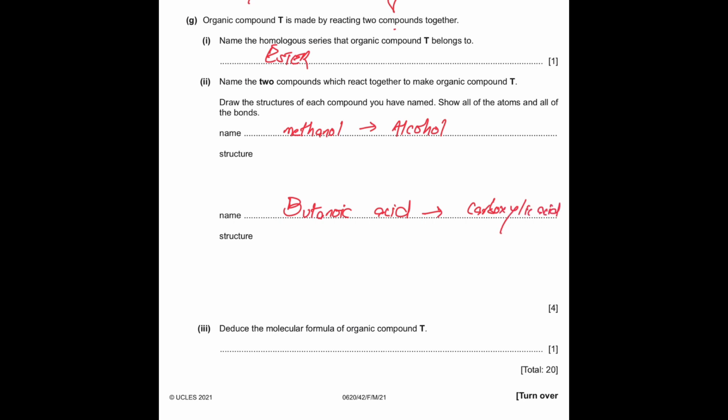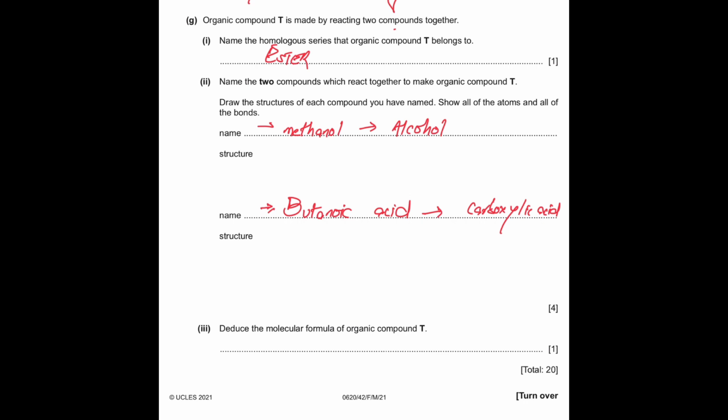When an alcohol family compound and a carboxylic acid compound react together, they form a new compound that belongs to the family of ester. So esters are basically made up of alcohol and carboxylic acid. So we have to draw the structure.